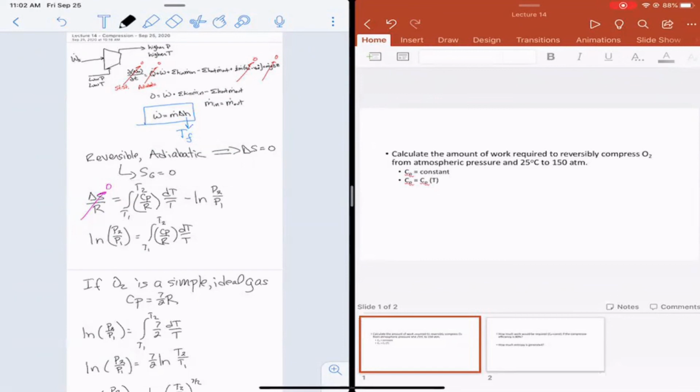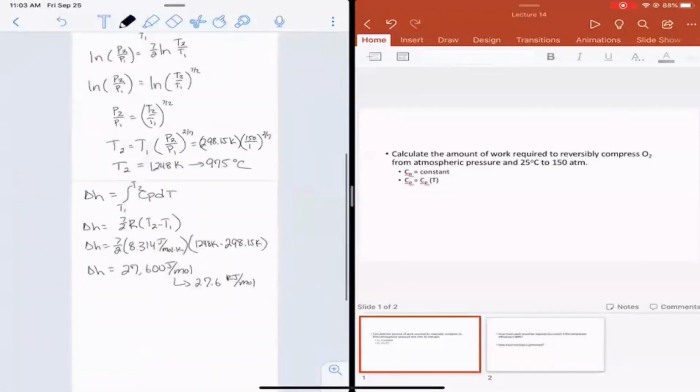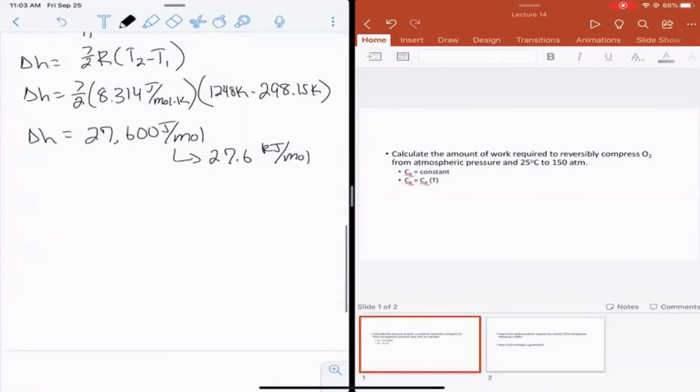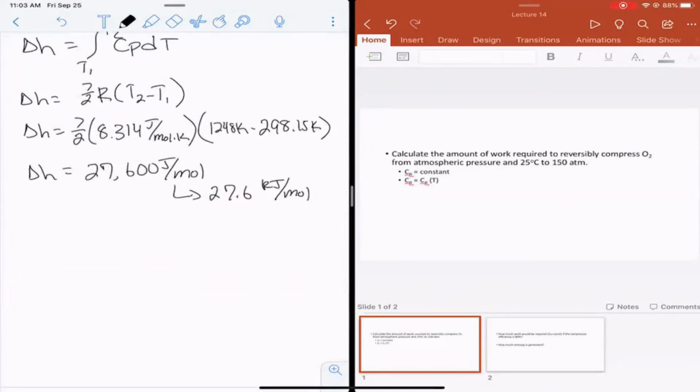The only thing that really changes if we allow the heat capacity to change with temperature is that integral, and more specifically, just that term, okay? So let's solve the problem and then compare our values for the final temperature and delta H when we allow the heat capacity to change with temperature, okay? We will start at the exact same place.